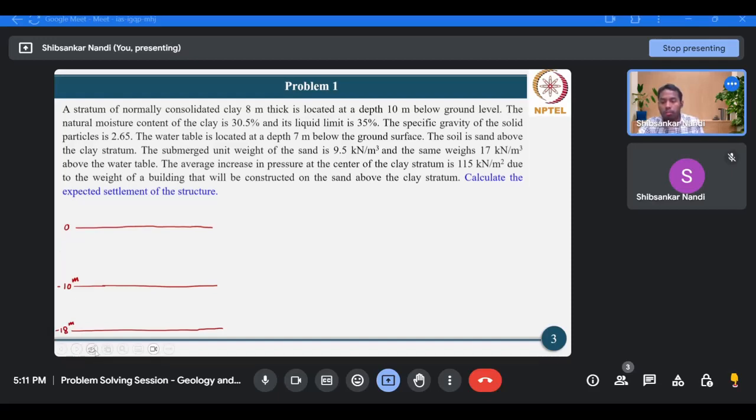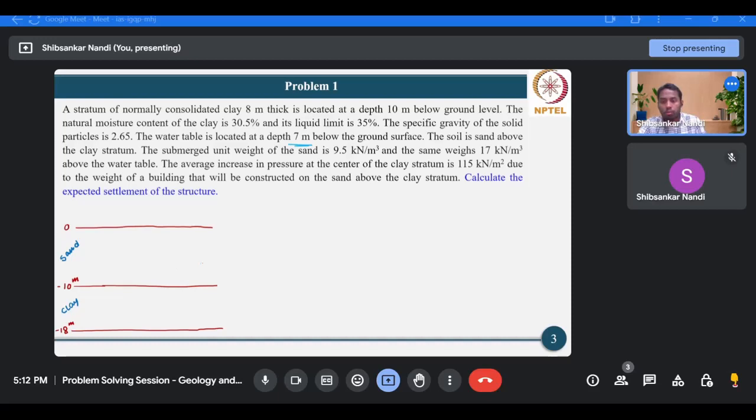So this is sand and this is clay. Now the water table is located at a depth of 7 meter below the ground surface.